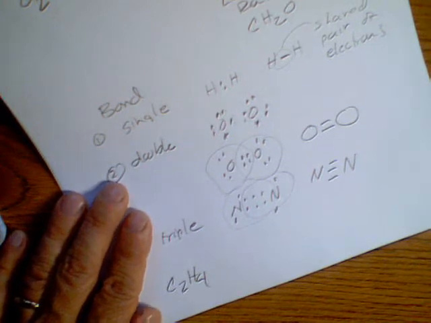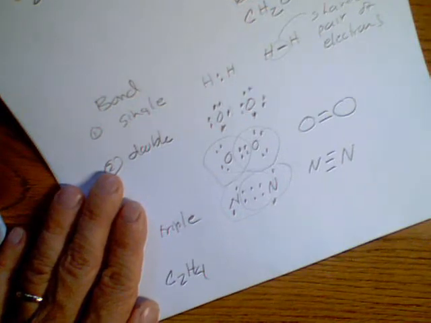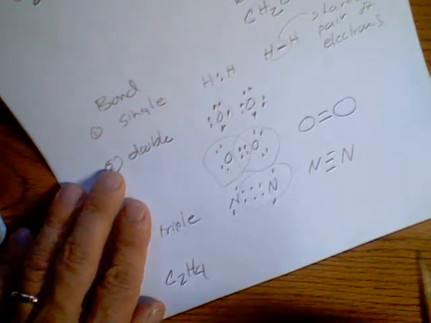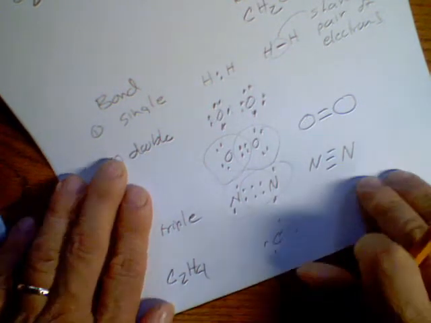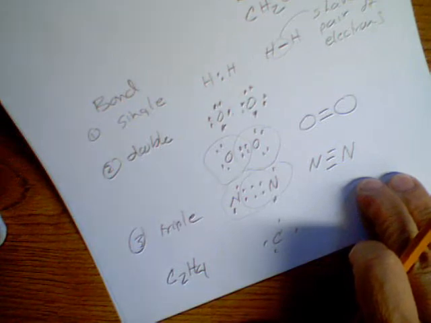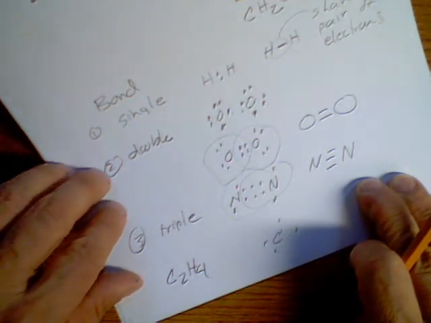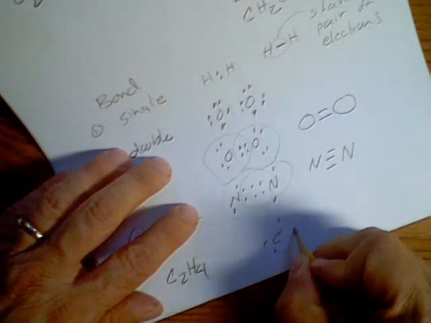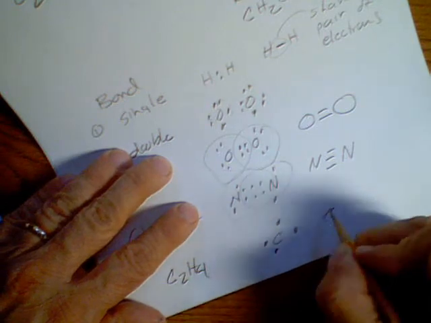What type of bonds will be formed between the two carbons in this molecular compound? Well, carbon is in group 4, so it has 4 electrons in its valence. We have 2 of them.